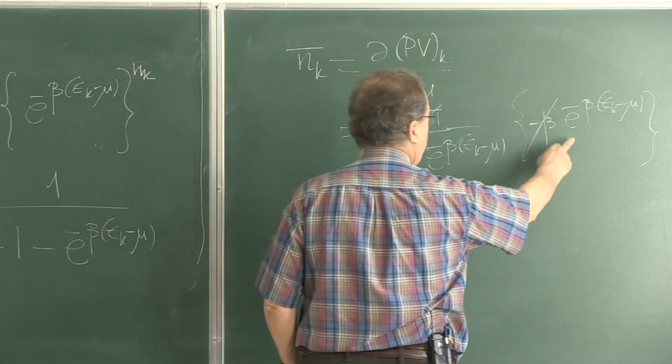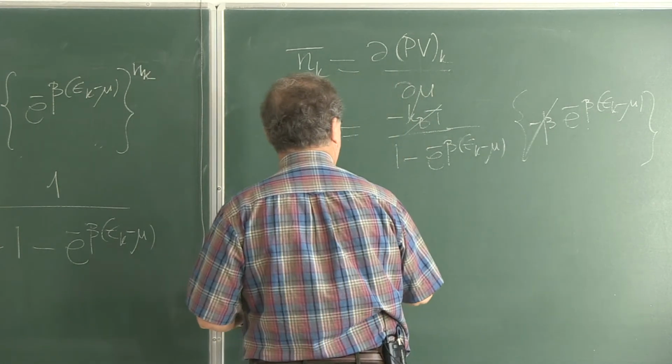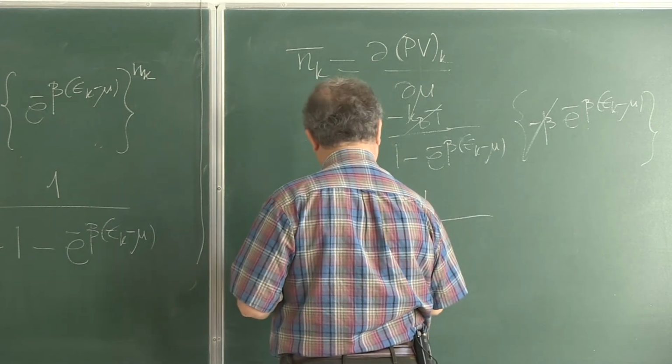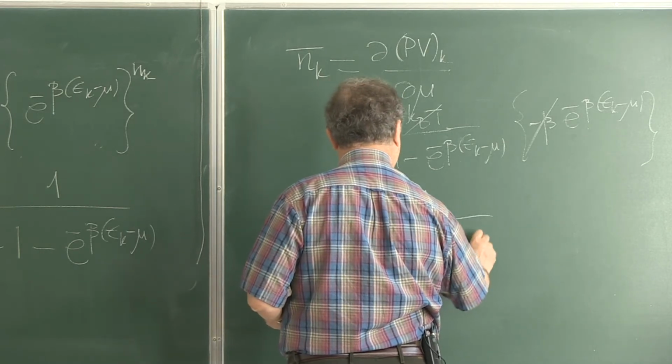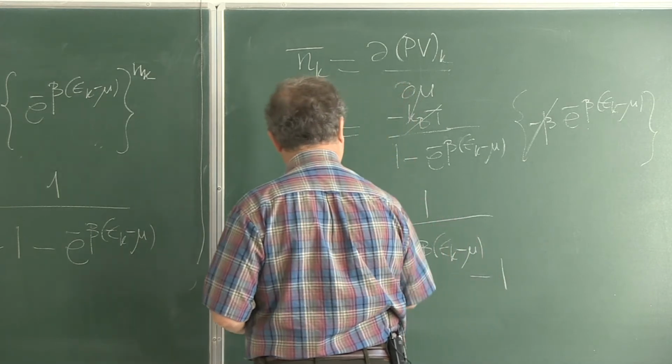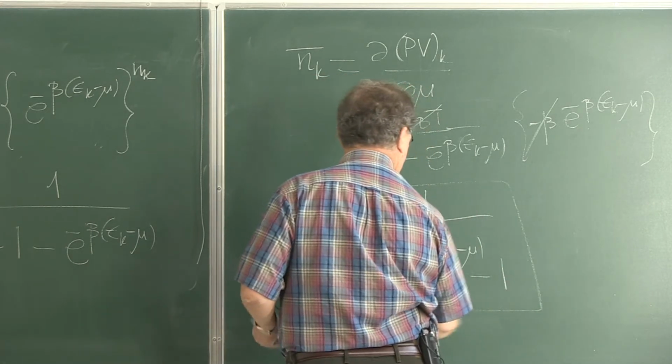So if you take into parentheses, you have 1 over e to the beta (ek minus mu) minus 1 for Bose-Einstein case.